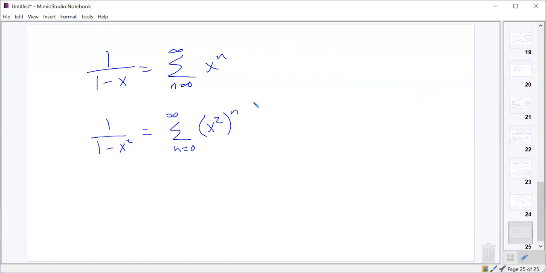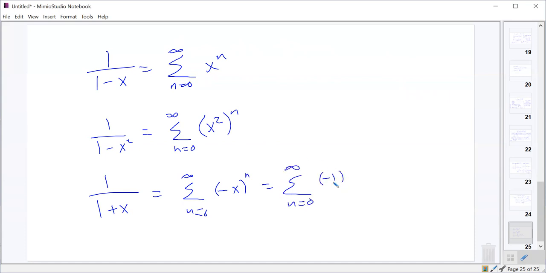Or if we wanted it to be 1 over 1 plus x, we would just make this the sum from n equals 0 to infinity of negative x, replacing the x here with an opposite of x, to the n, which we would normally write as negative 1 to the n, x to the n. And the negative 1 to the n is going to indicate to us that the series alternates. Anytime you have a negative 1 to an n, the series will alternate. Everybody good with that?